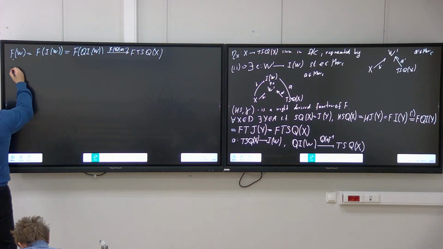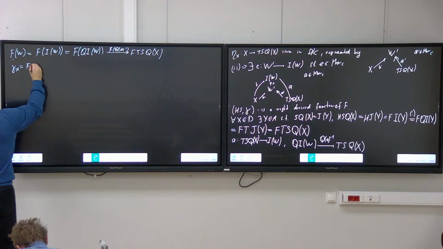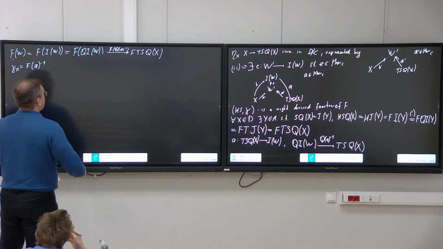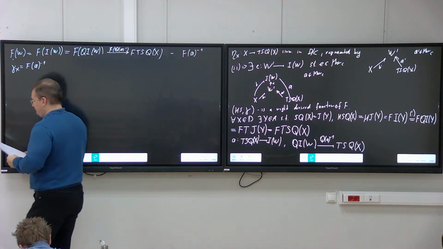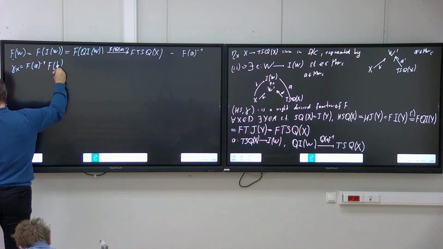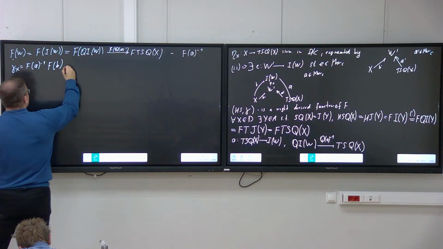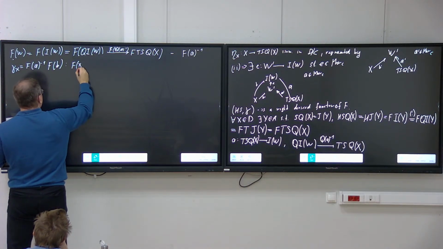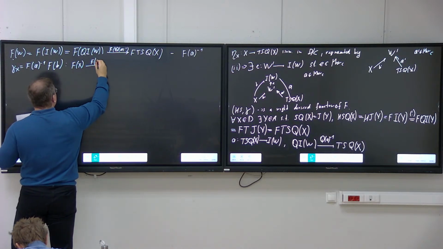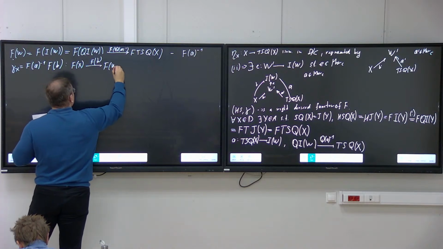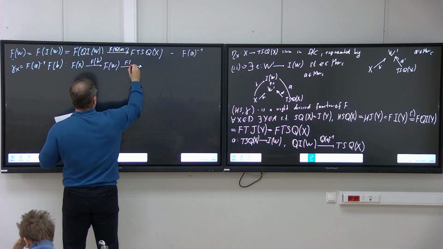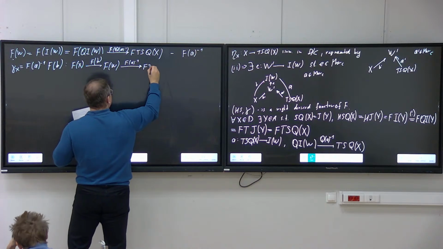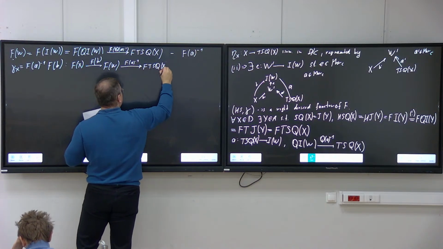Okay, so then you define essentially gamma X as the composition of the F of A inverse, which is this map, with the F of B. So with more details, we have F of X, which is mapped with the F of B to the F of W, and then I take this composition on the previous line, which we're just going to call F of A inverse, to the FTSQ of X.